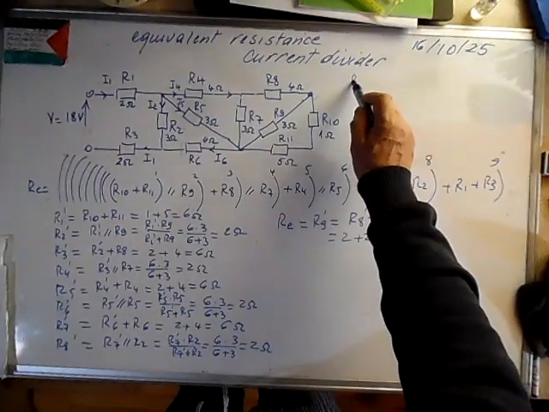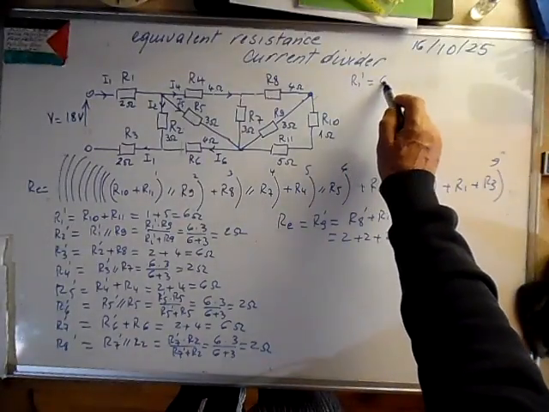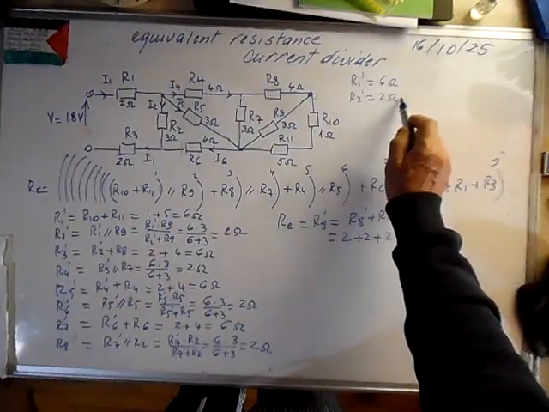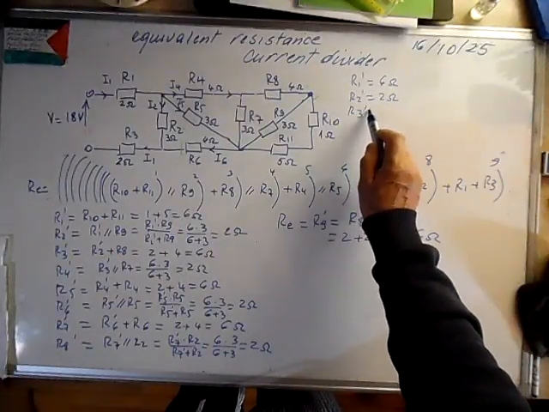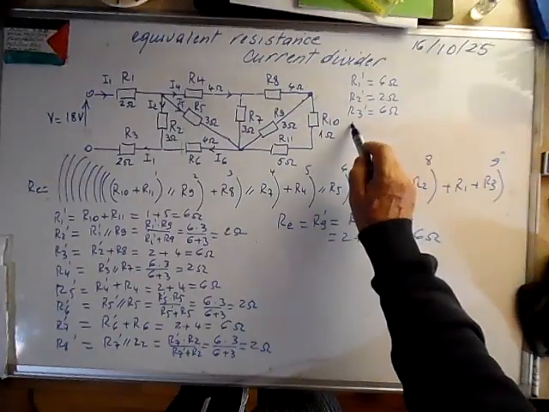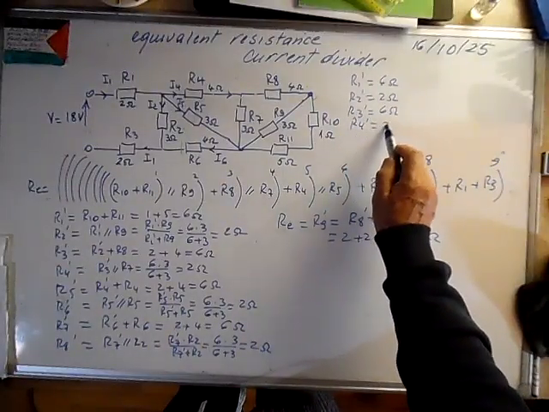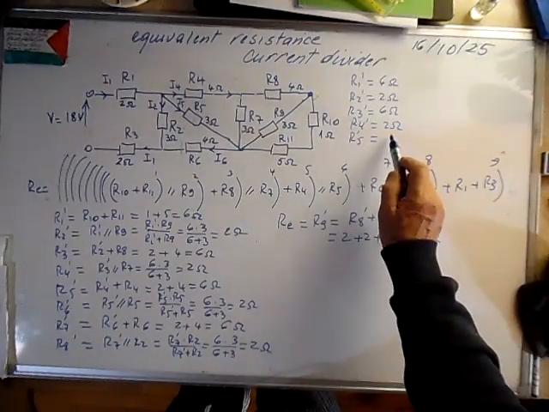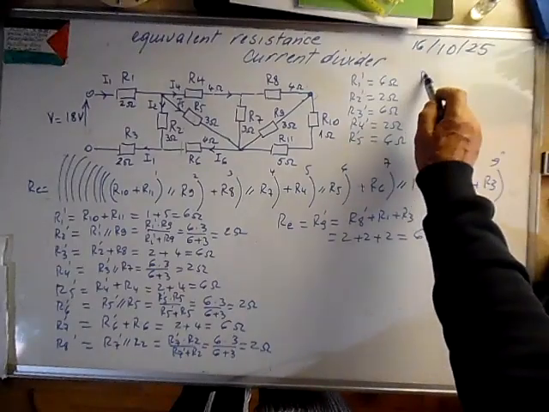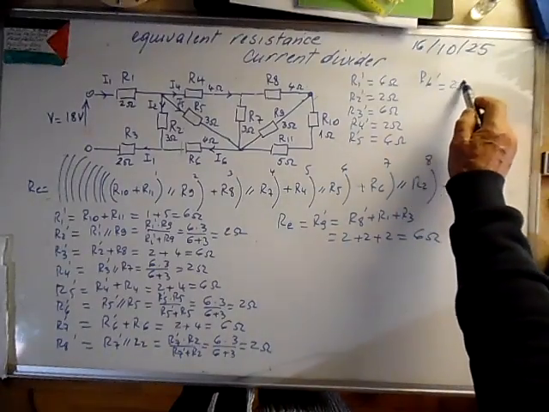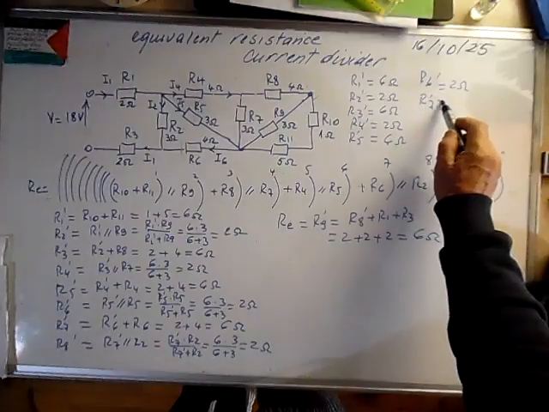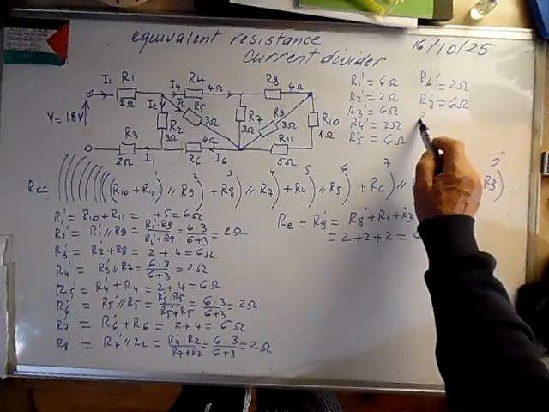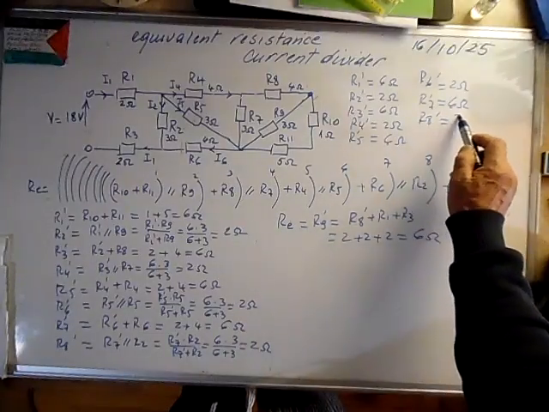Let's write the values here. R1 prime is 6 ohms, R2 prime is 2 ohms, R3 prime is 6 ohms, R4 prime is 2 ohms, R5 prime is 6 ohms, R6 prime is 2 ohms, R7 prime is 6 ohms, and R8 prime is 2 ohms.